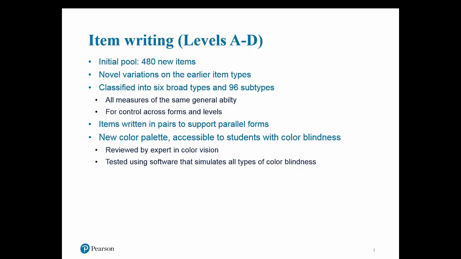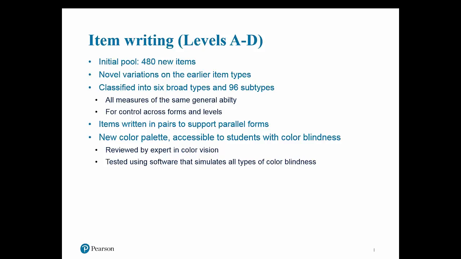The first step in creating NNAT 3 was of course to write items, and Dr. Naglieri created the items for the NNAT 3. The initial pool was 480 items, and these were, for the most part, novel variations on the earlier item types of NNAT 2. These were classified into 6 broad types and then 96 detailed subtypes of those broad types.